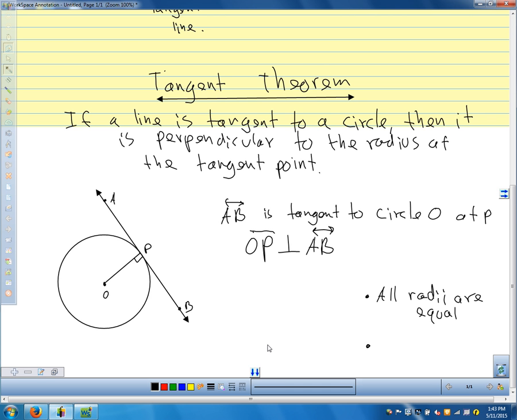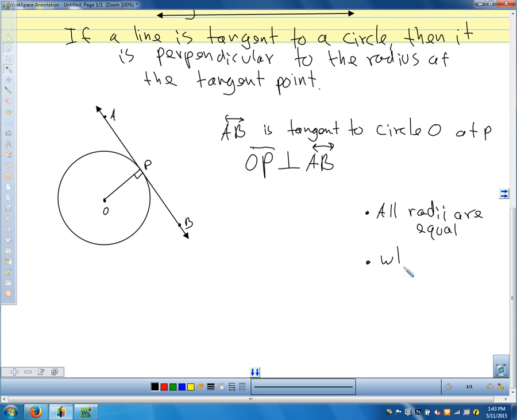And when we have problems that have to do with circles, I'm going to say when in doubt, draw a radius. We want to draw it in a helpful place, but if we draw a radius, we can take advantage of the fact that all of them are the same length. So often in chapter 12, we have to draw additional radii to help us solve problems.